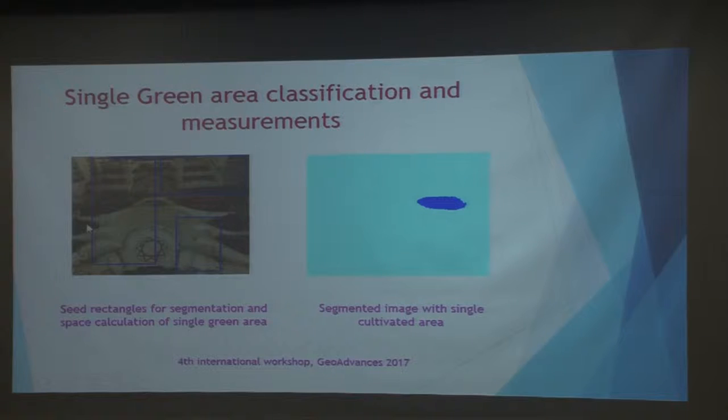So what we did, we included bars of those green areas in the blue rectangles, which represent the background, and the red rectangle, which represents the foreground, then we applied those seeds to our algorithm.